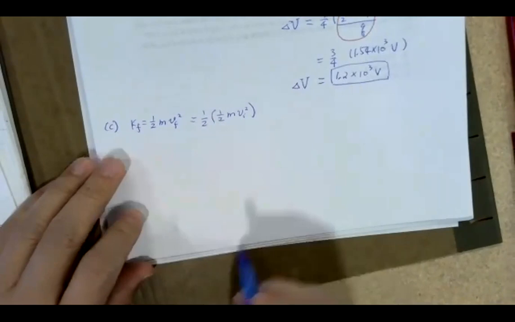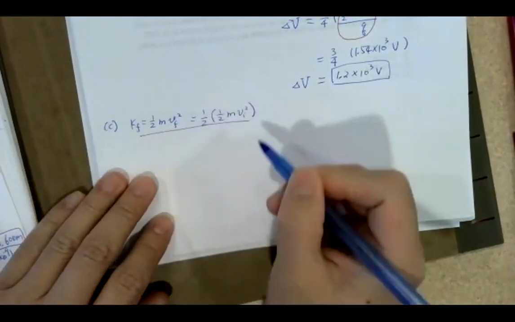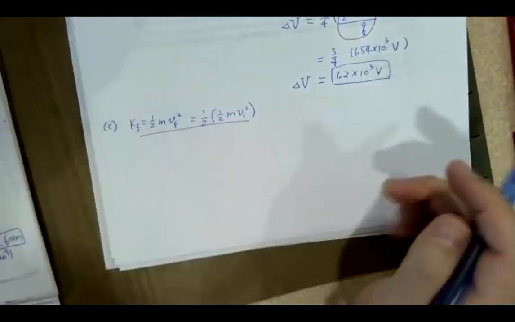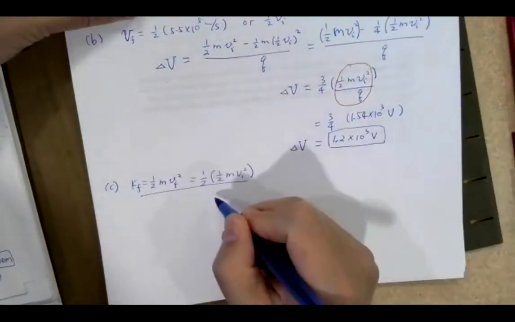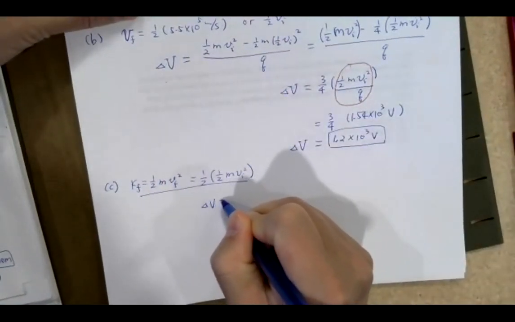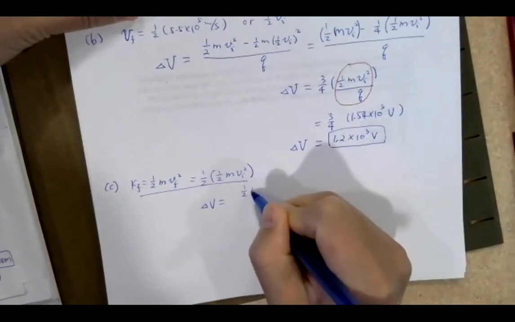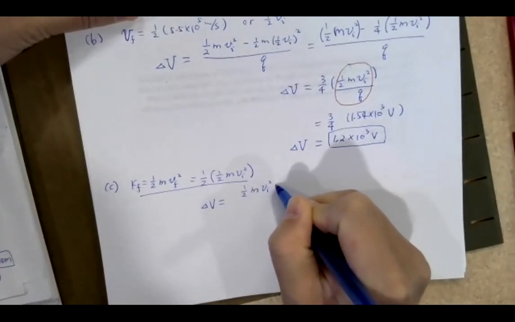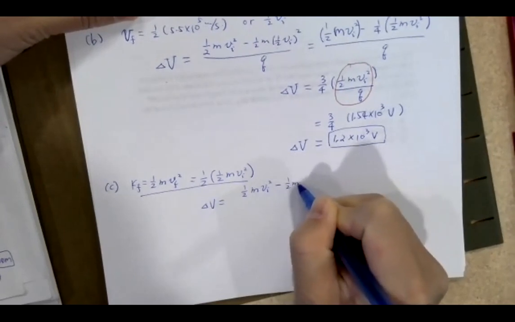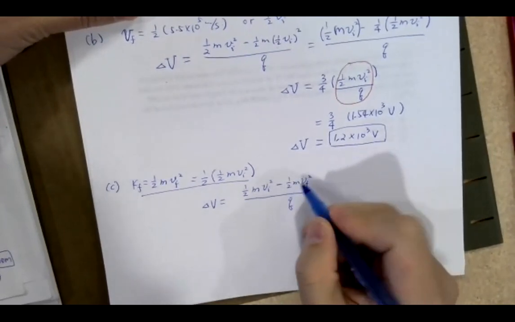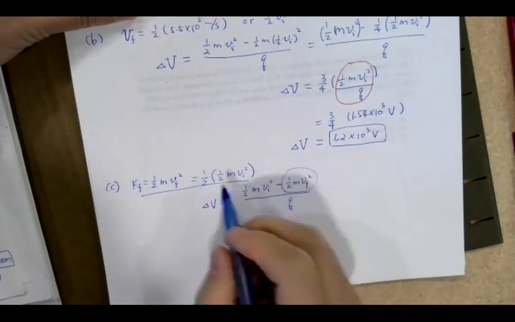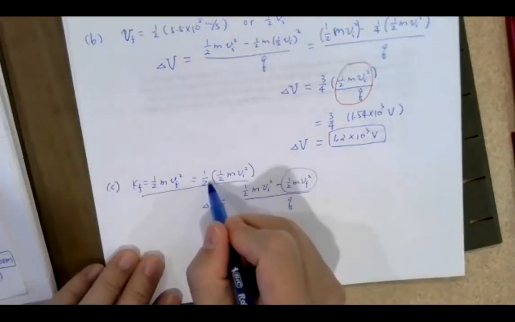Basically, you'll be using the same equation to calculate your delta V. So your delta V will be equal to 1/2 m v i squared minus 1/2 m v final squared, divided by q. Now this time, this term is equal to 1/2 of this.